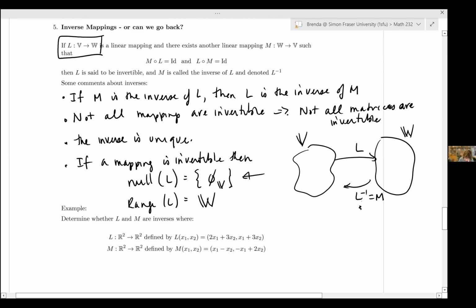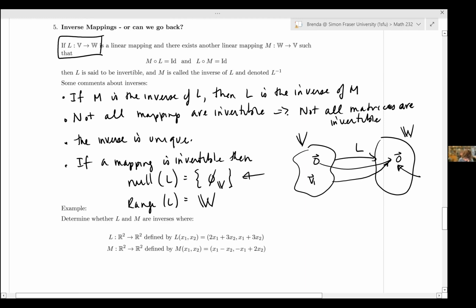Now, let us imagine this case. What if the null space, we have a zero vector over here, and it's coming to the zero vector over here? What if there was another vector over here that's not zero, let's just call it V1, that mapped over here also to zero? What if that happened? Then I'm over here in W land, and I'm like, hey, I'm at zero.